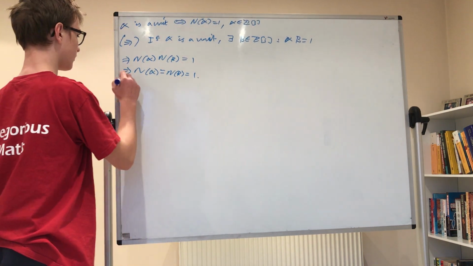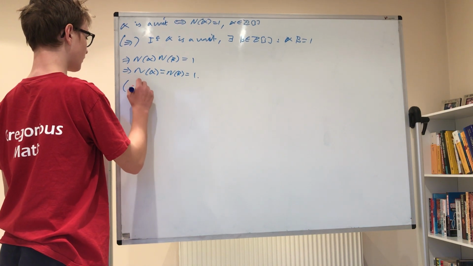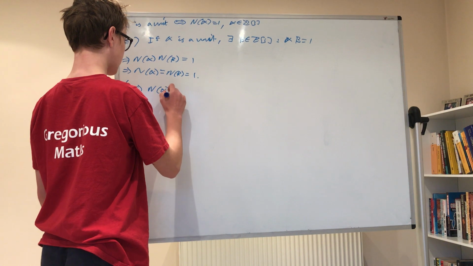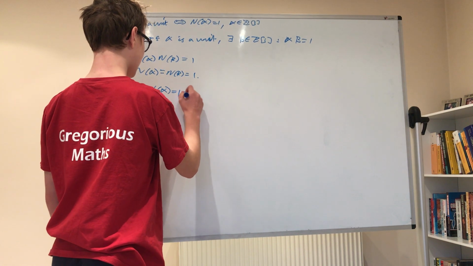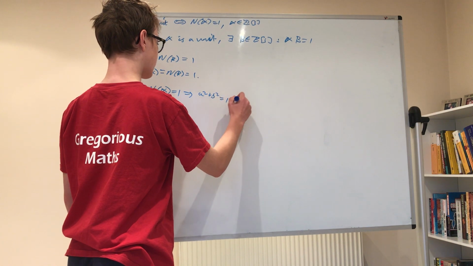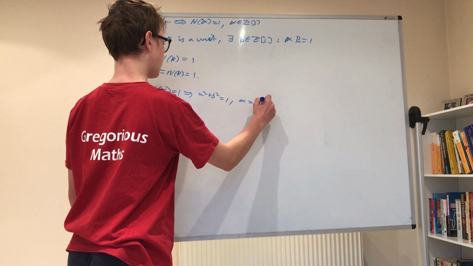Alright, and now the other way. So its norm is 1 implies it's a unit. Well, if the norm of alpha equals 1, that means that a squared plus b squared equals 1, where alpha equals a plus bi.